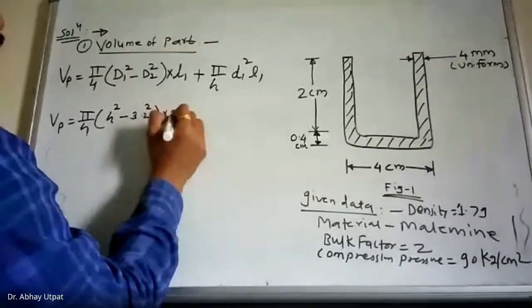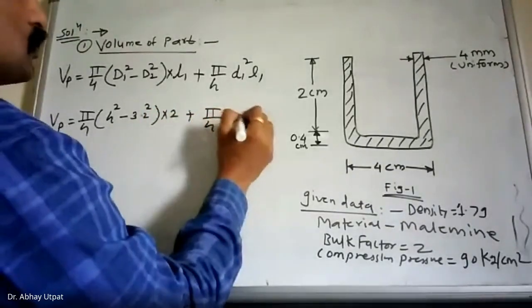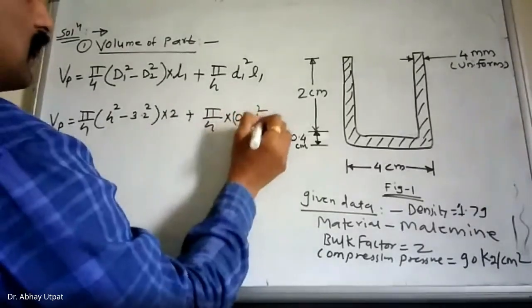I hope you are getting it. Please tell me the value now. Who will tell? Pi by 4 (d1 square, 4 square minus 3.2 square) into 2, plus pi by 4 into 0.4 square.